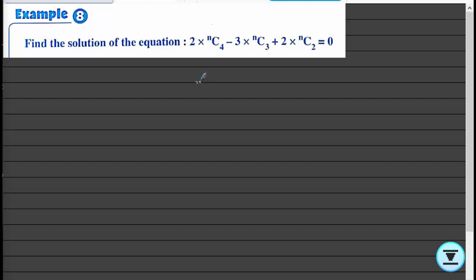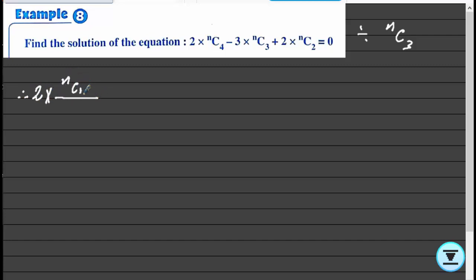So here we will use the ratio rule, the rule of division. How? Dividing both sides by nC3. So I'll divide all the equation by nC3.